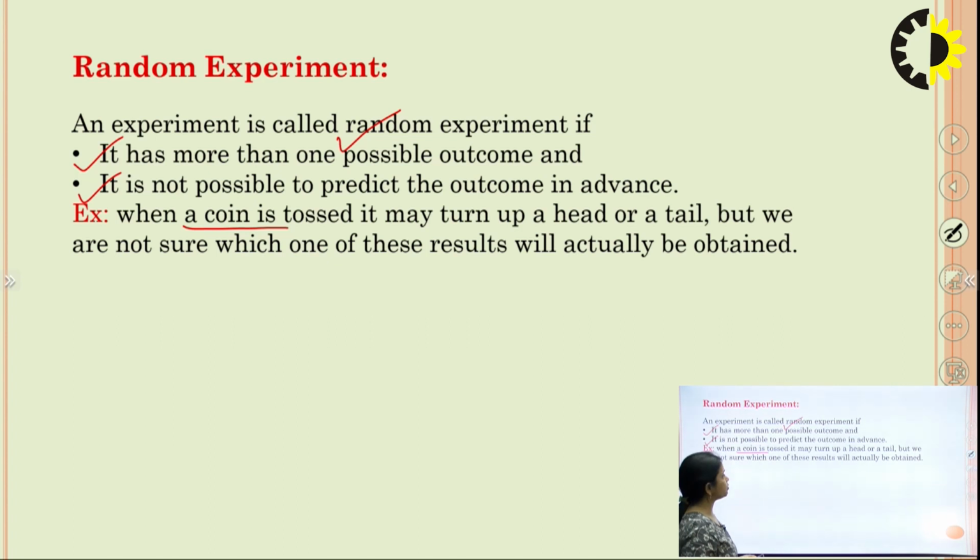If we toss a coin, then any one of the two possible outcomes, head or tail, can appear, and we cannot predict the outcome in advance. This experiment has more than one possible outcome, head or tail, and it is not possible to predict the outcome in advance. So this experiment is a random experiment.